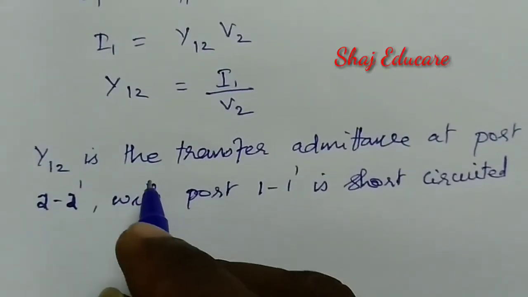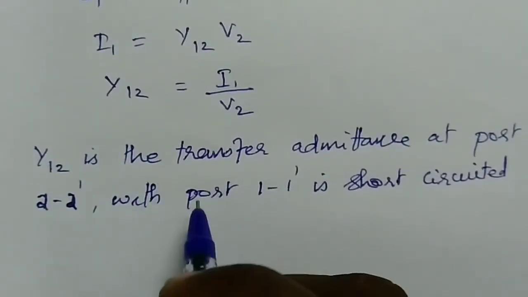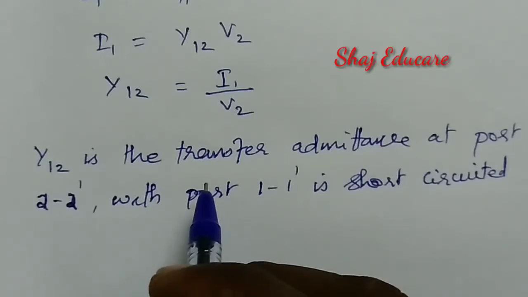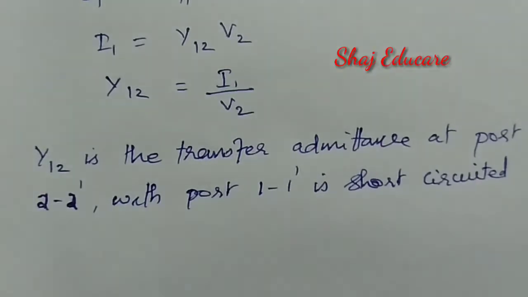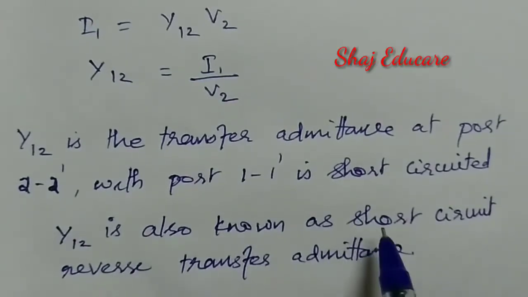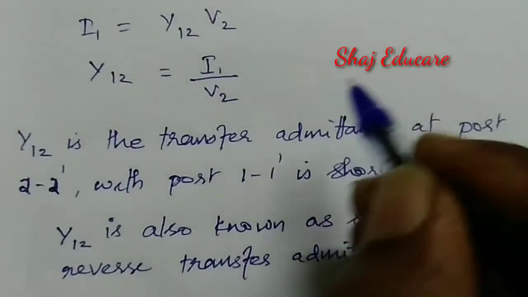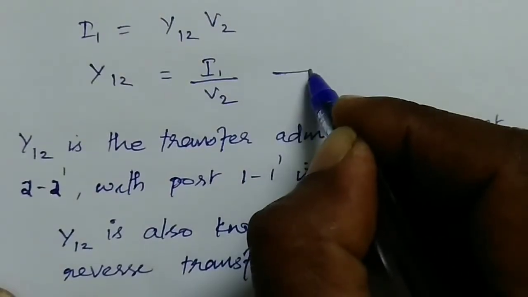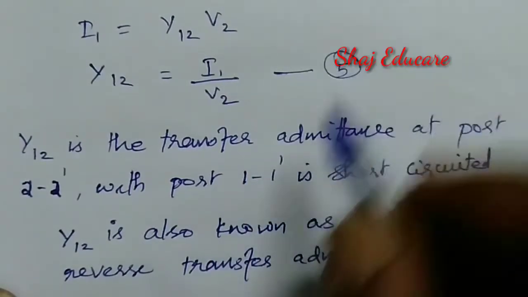And y12 is also known as short circuit reverse transfer admittance. Let us mark this as equation number 5.